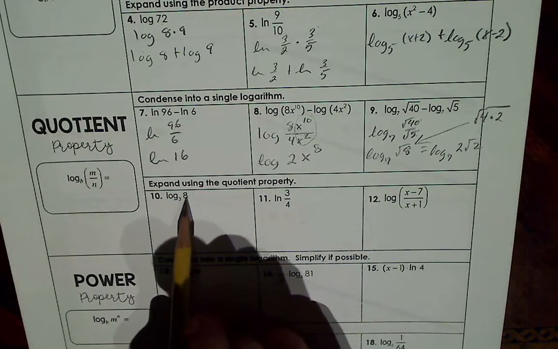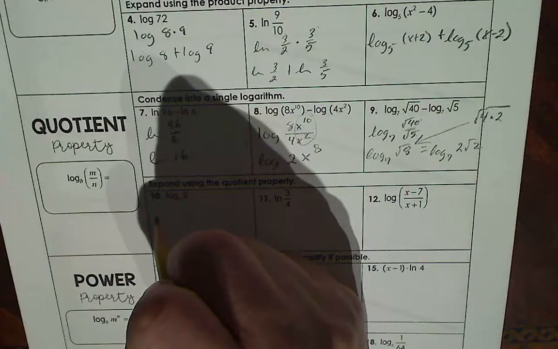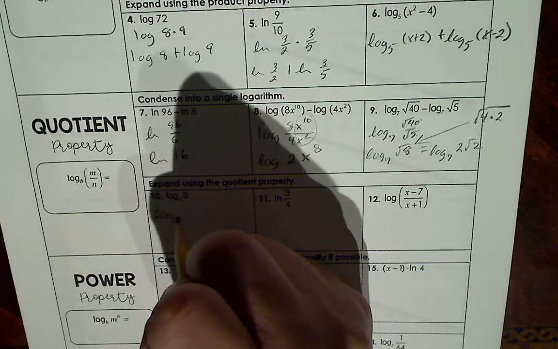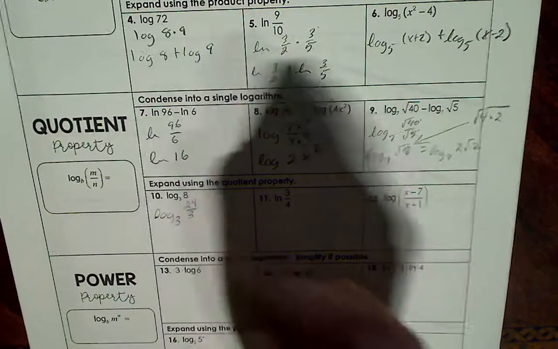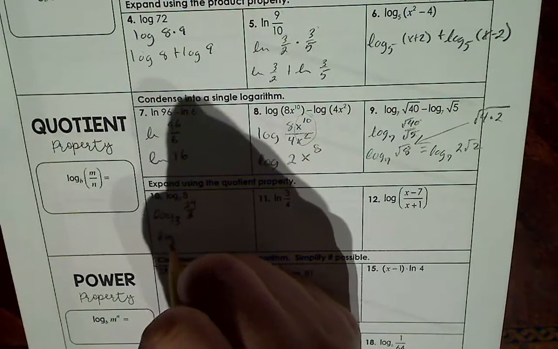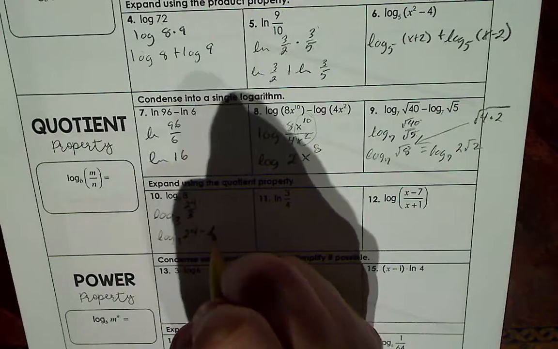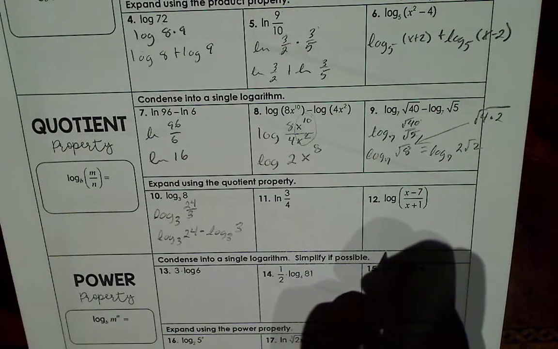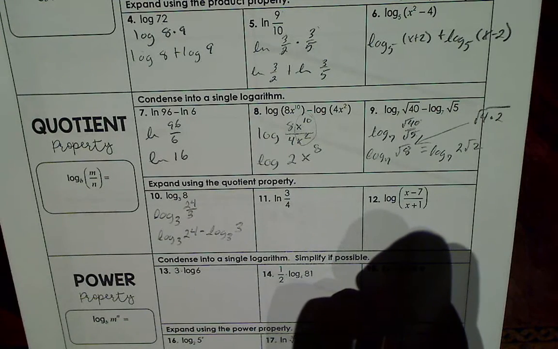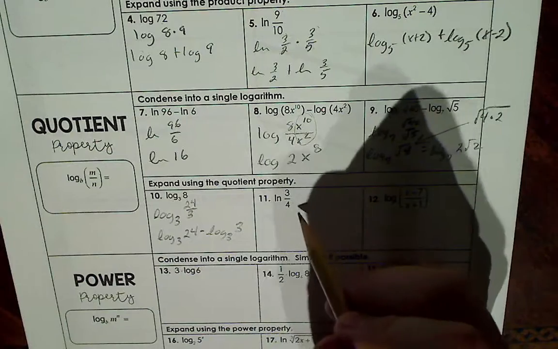Expansion. Again, something that divides into 8. I could go log base 3 of 24 divided by 3. So it becomes log base 3 of 24 minus log base 3 of 3. Okay.